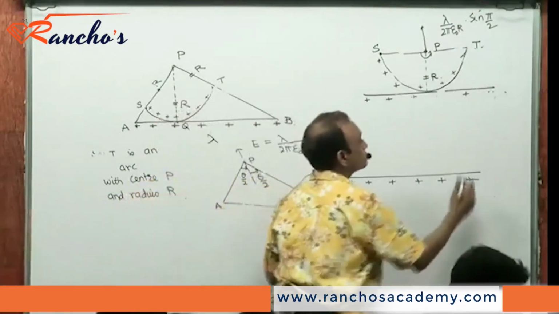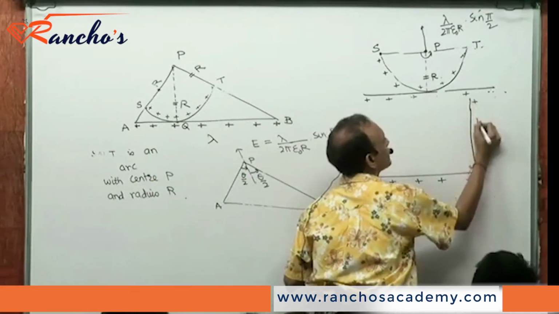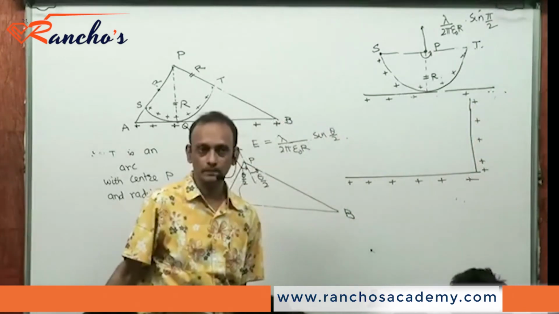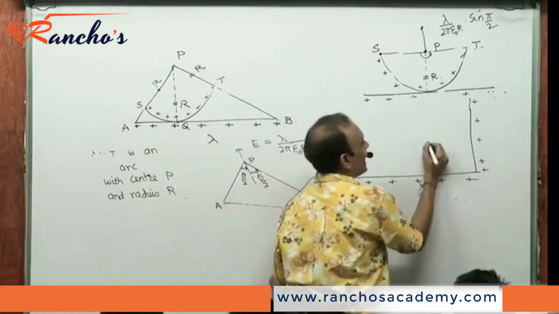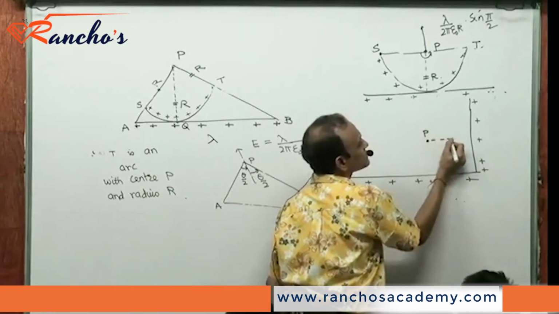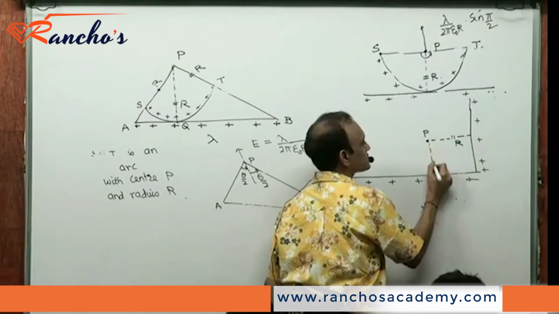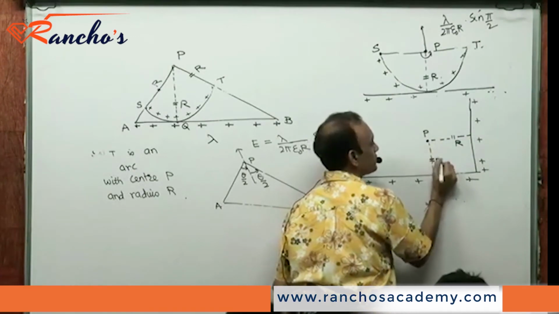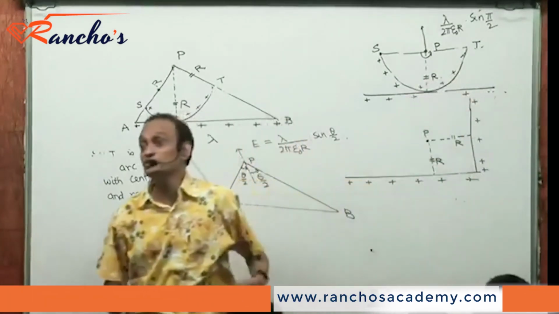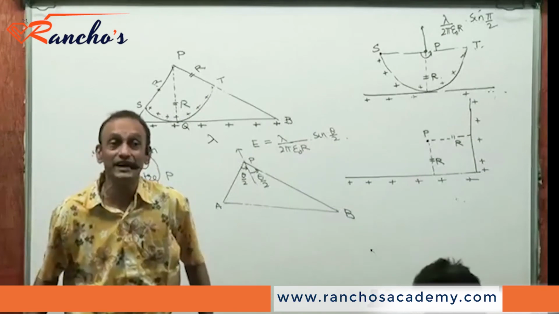And say this is another perpendicular infinite line of charge, and I have a point P here, at a distance r from this and at a distance r from this. At this point P, I want to find the electric field.